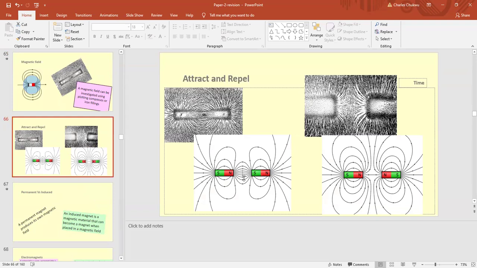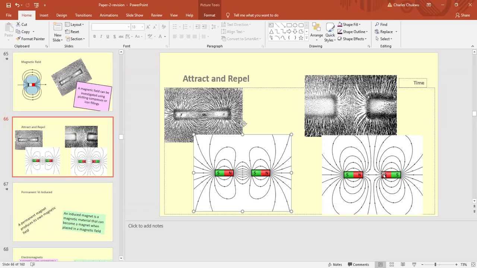Of course, you can see attraction on the left-hand side is happening between the north and south poles, while repulsion is happening between the north and north poles. And if you look carefully at the diagram where you have repulsion, you can see that the arrowheads are in opposite directions. Why? Because lines of magnetic flow will always go from north to south.